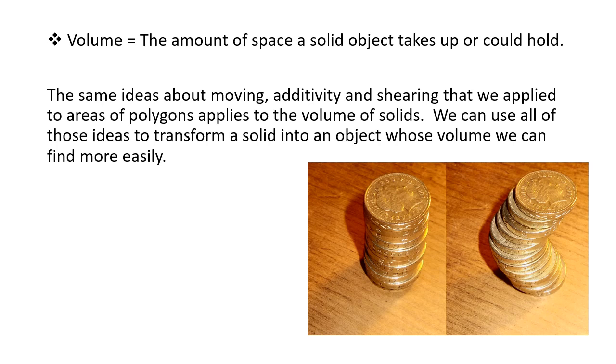A lot of the things that we talked about in terms of the areas of polygons, like moving, additivity and shearing, are still going to apply when talking about volumes of solids. There's a picture here of some coins that are stacked up. Those are 1-pound coins. You can see the first one is a right cylinder, so they're stacked straight up.